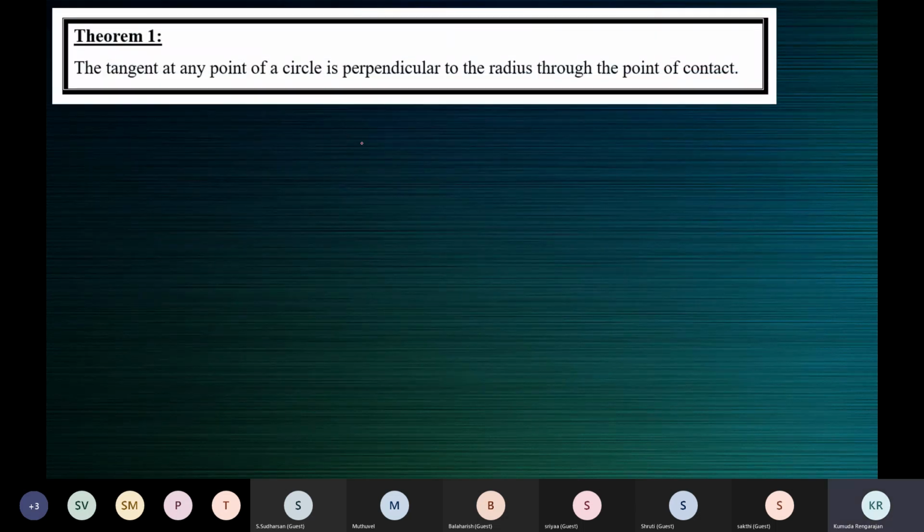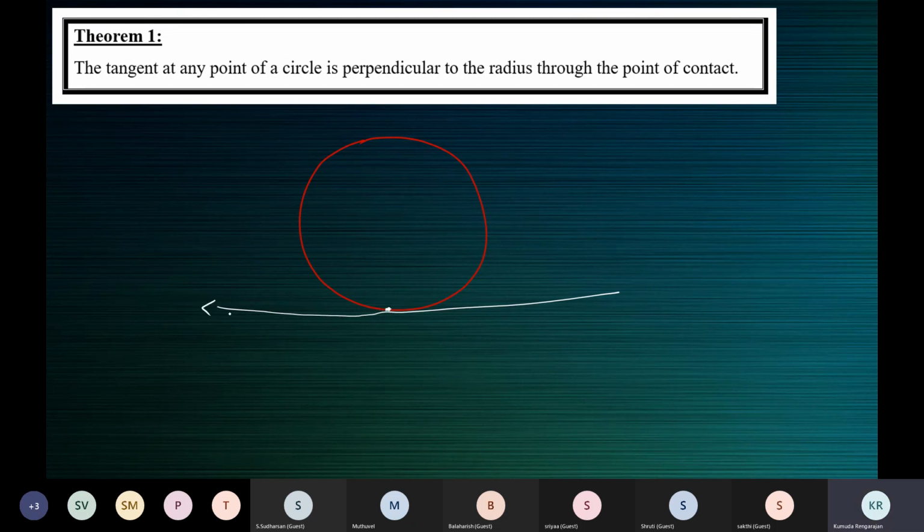So we have a circle. The tangent at any point of a circle, you can draw it anywhere, but for the sake of convenience, I'm going to do it here. So we take this point on the circle and we draw a tangent through this point. This is the point of contact.